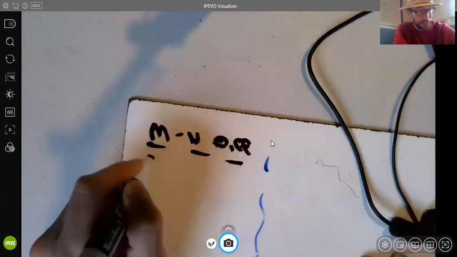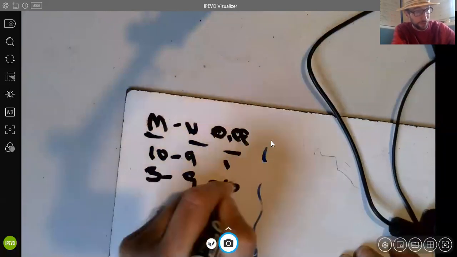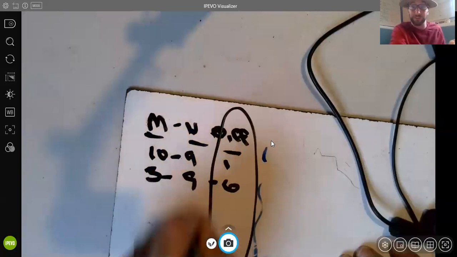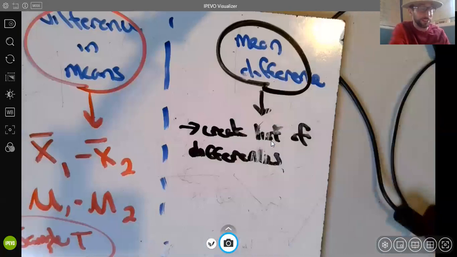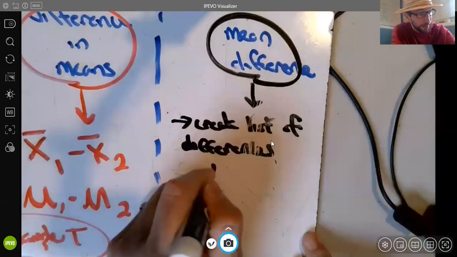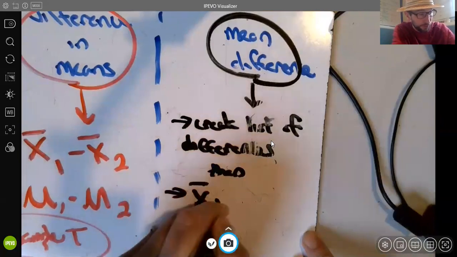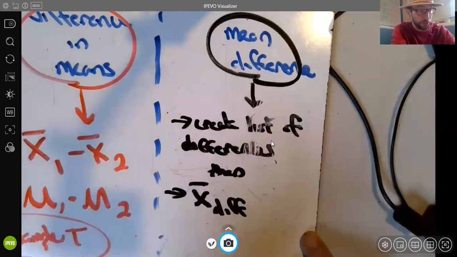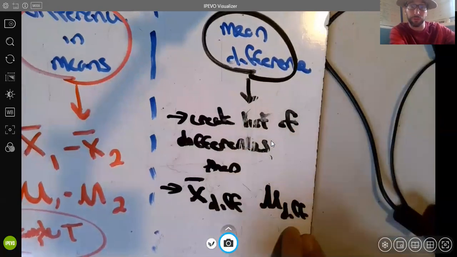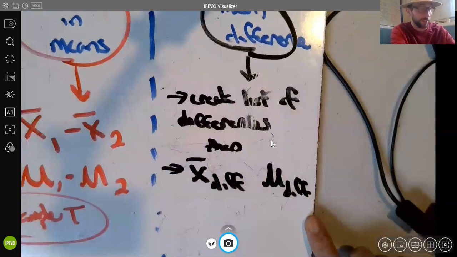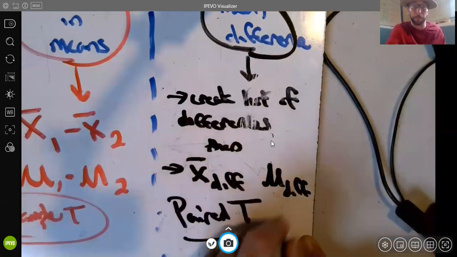Pretend that's 10 and 9, there's our difference, or 3 and 9, that's -6. We create an entirely new data set of differences. So mean difference is saying you create that list of differences, then find the mean of those differences. And we would use that to draw conclusions about the population mean of all theoretical differences. This is something called a paired t-test or interval.